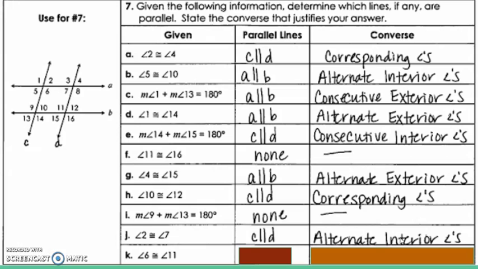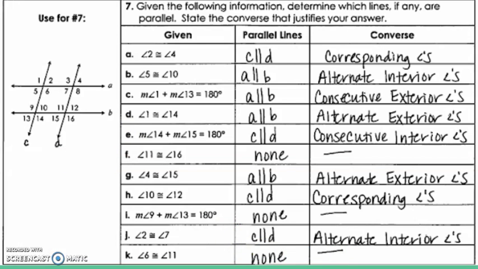For angle 6 and angle 11, we see that they don't share the same transversal. 6 is dealing with line C, and then 11 is dealing with line D. So we're going to say that there is none, and there's no converse needed.